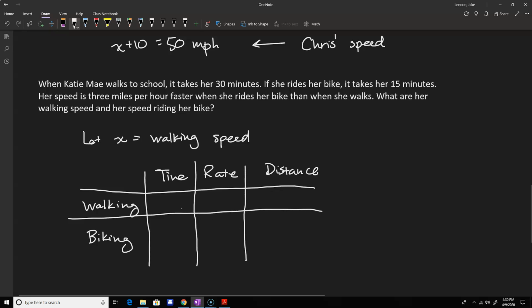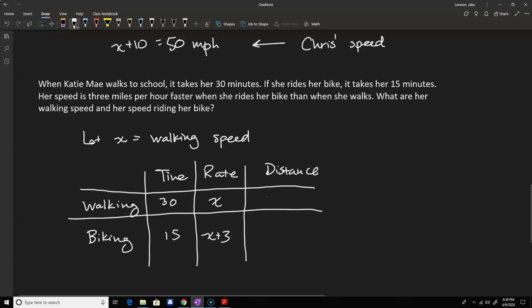So we know that x is her walking speed, and her speed when she rides her bike is 3 miles an hour faster, so x plus 3 is the rate there. And when she walks, it takes her 30 minutes. When she rides, it takes 15 minutes.